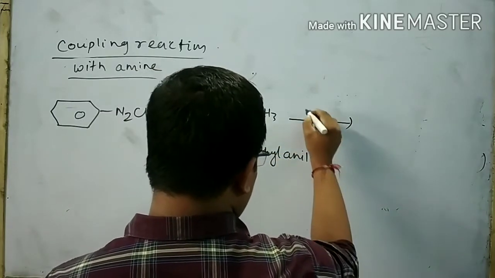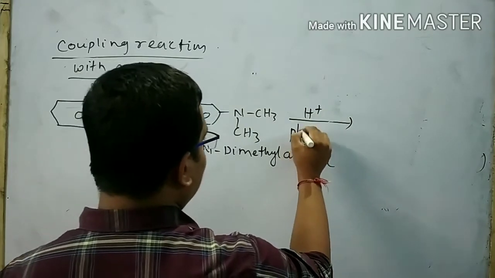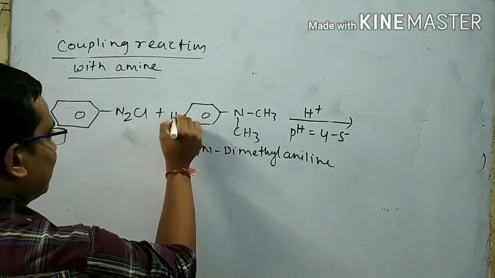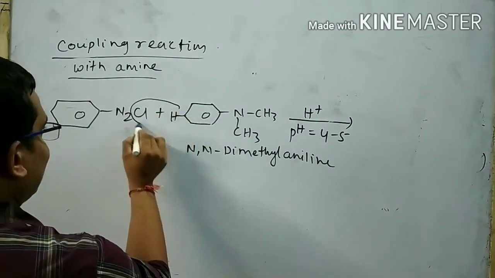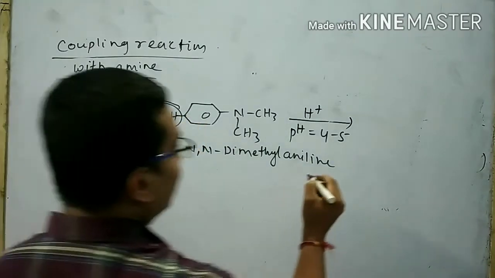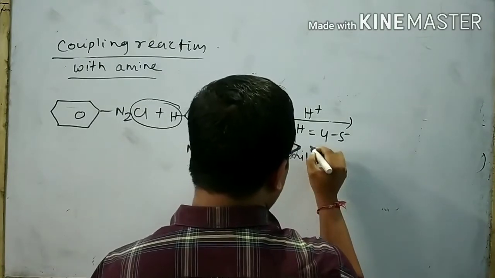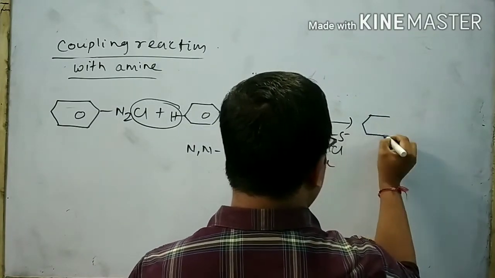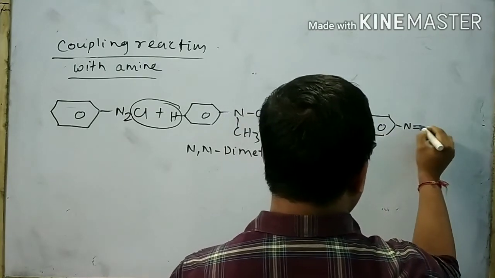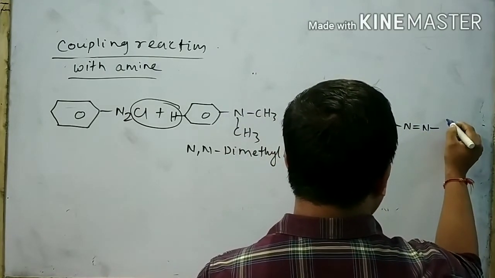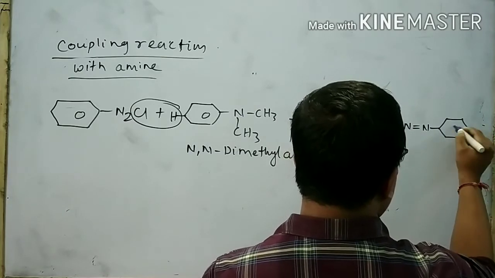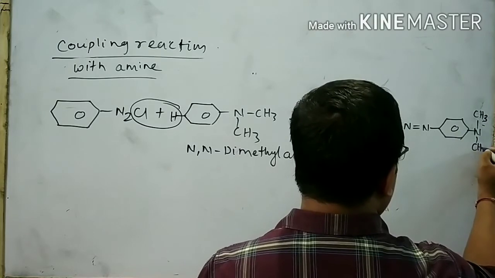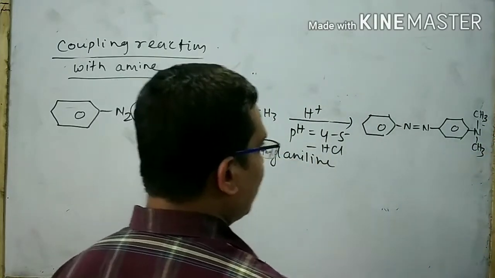Here we need an acidic medium. pH must be maintained at 4 to 5. Then this para hydrogen will react with the chlorine and form a byproduct, that is HCl, and the azo product is this. This is the azo product.